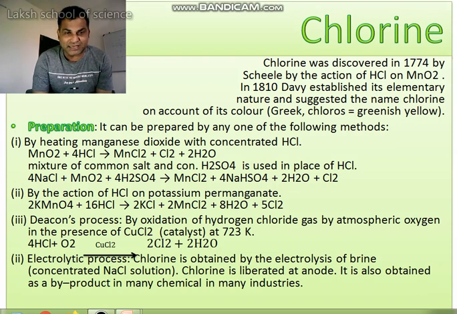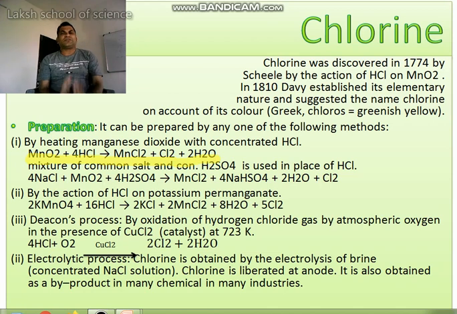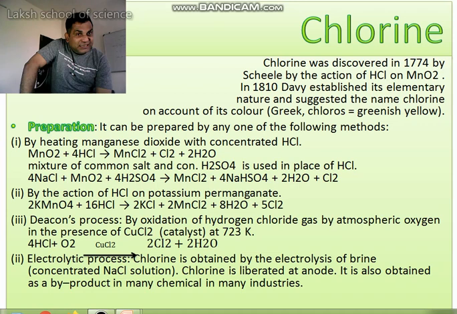What is happening here? MnO2 reacts with HCl to give chlorine, water and MnCl2. This is an interesting topic, how chlorine is made in the laboratory.